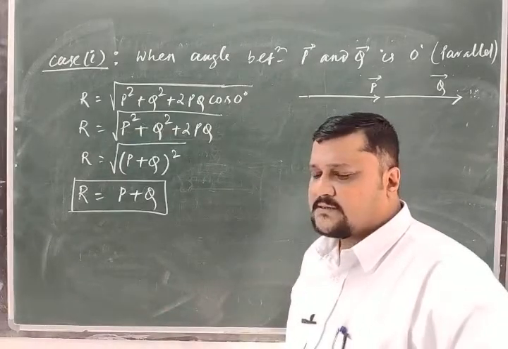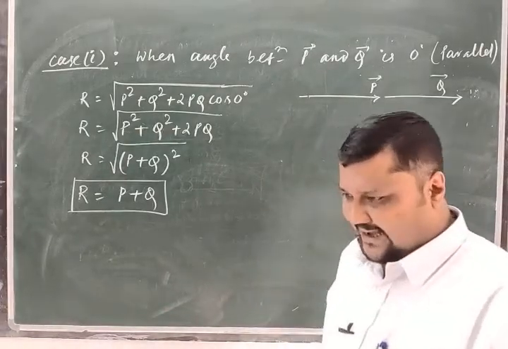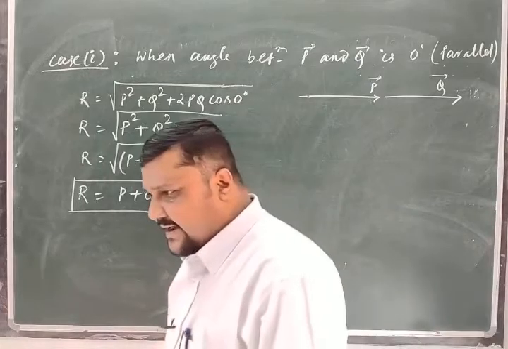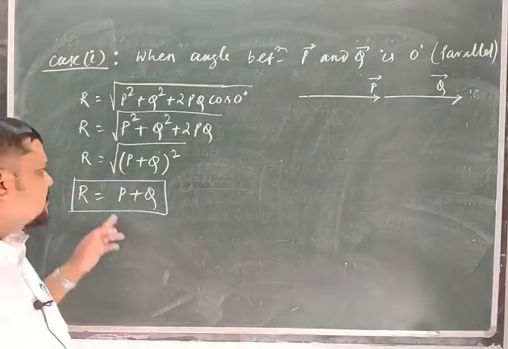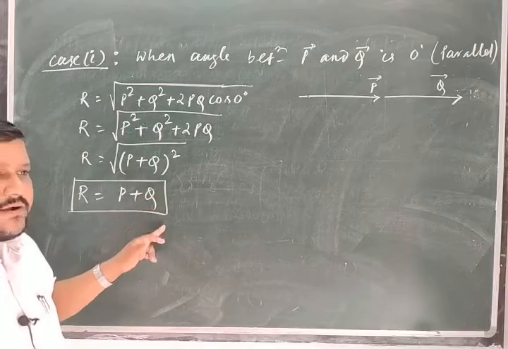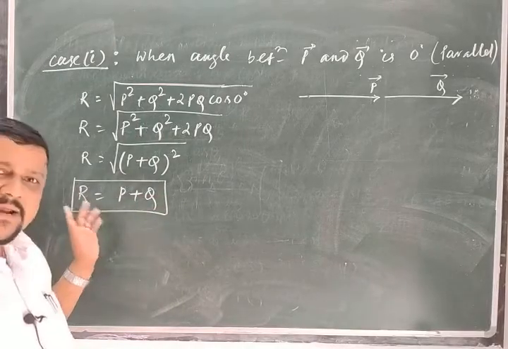When two parallel vectors act on a body, their resultant is equal to the sum of their magnitudes.